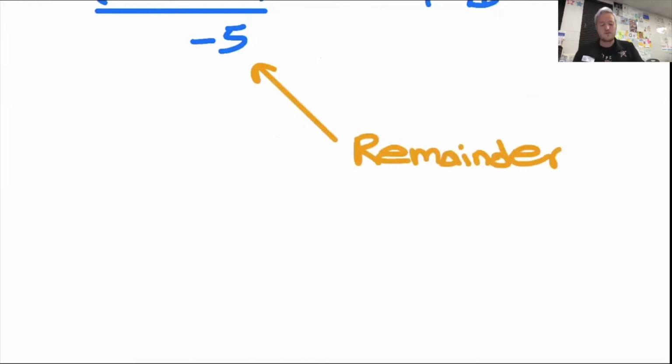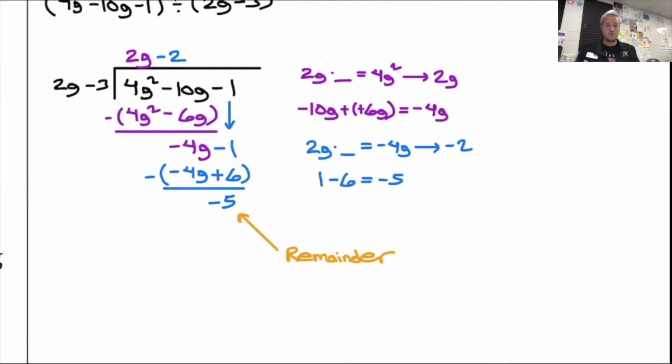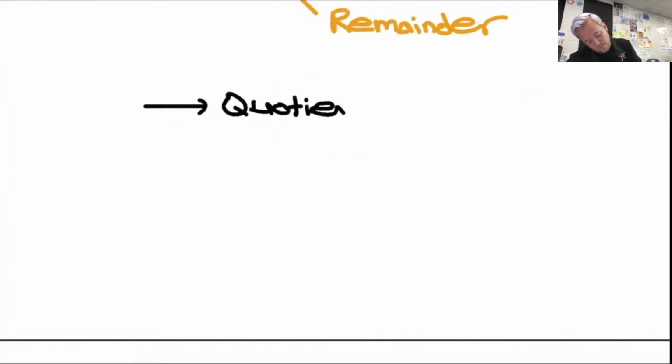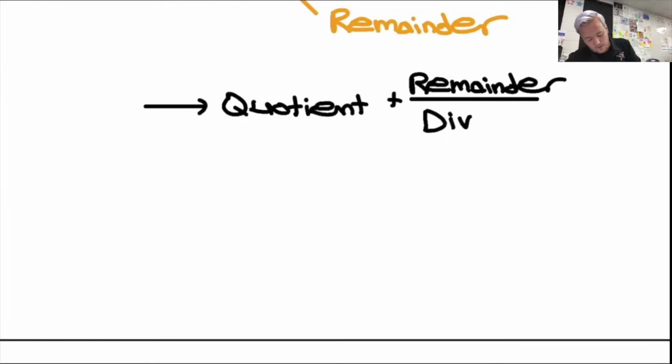So there's a very specific way in which you write the remainder for these problems. So your answer for these is going to be the quotient plus your remainder. And your remainder is written as the remainder divided by the divisor.